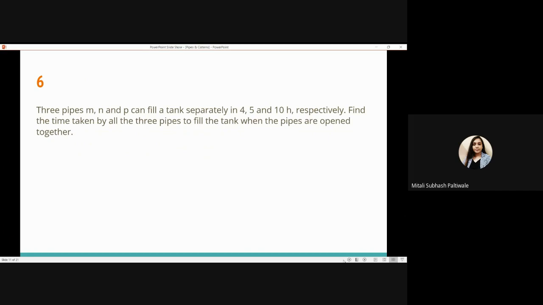So part filled by M plus N plus P would be 1 by 4 plus 1 by 5 plus 1 by 10. Cross multiplication will give me the answer as 11 by 20. Now if this is 11 by 20, the time will be exactly the opposite of what we have got.